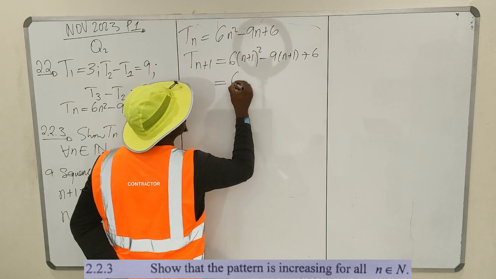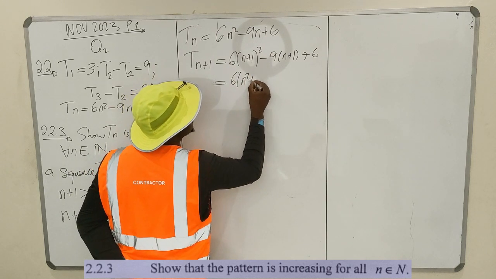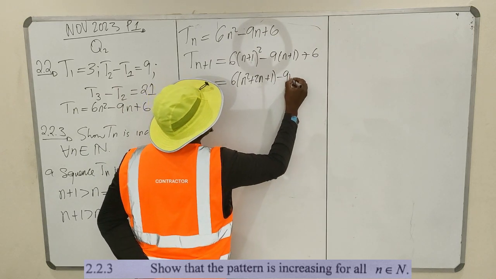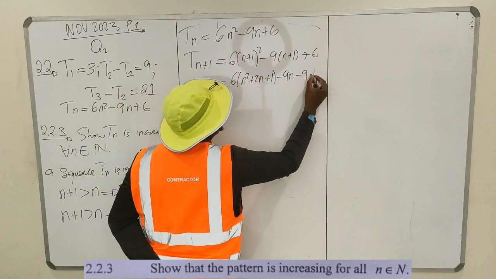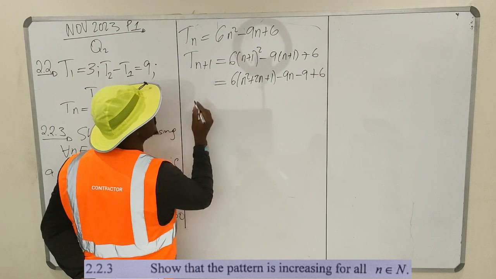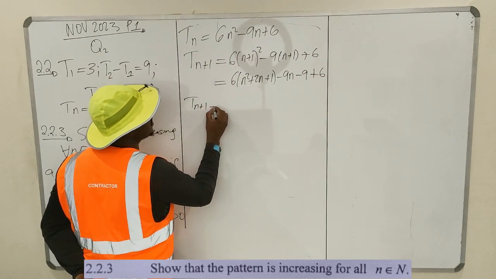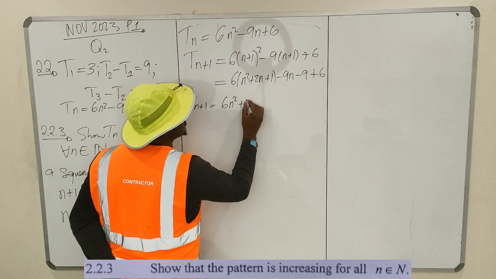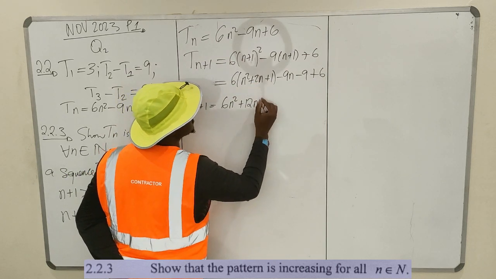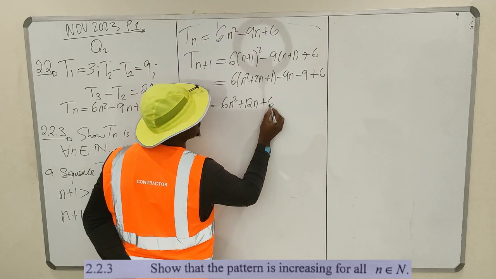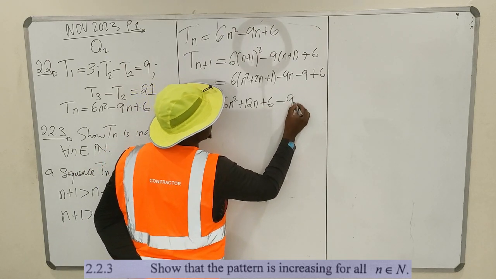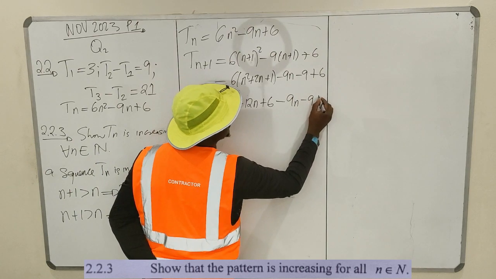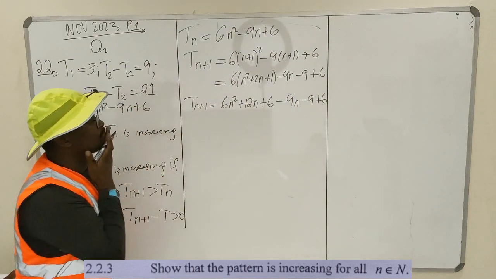We get 6 into n squared plus 2n plus 1 minus 9n minus 9 plus 6. So Tn plus 1 is equal to 6n squared plus 12n plus 6 minus 9n minus 9 plus 6.